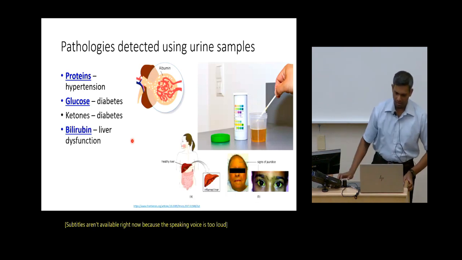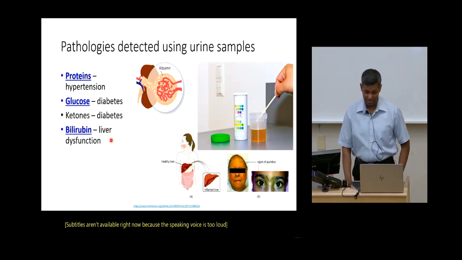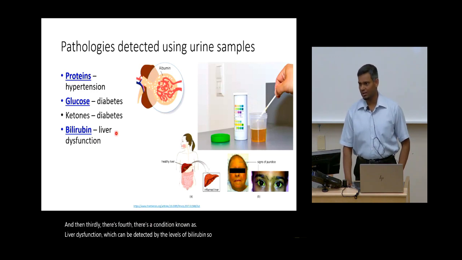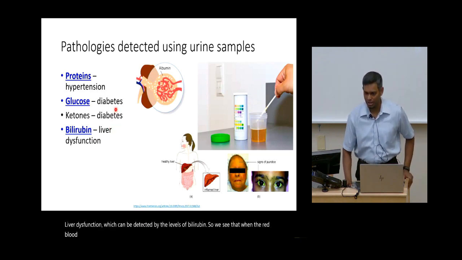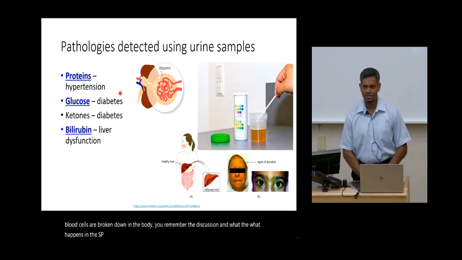And then fourthly, there's a condition known as liver dysfunction, which can be detected by the levels of bilirubin. So when the red blood cells are broken down in the body, you remember the discussion on what happens in the spleen? Yes. All right.